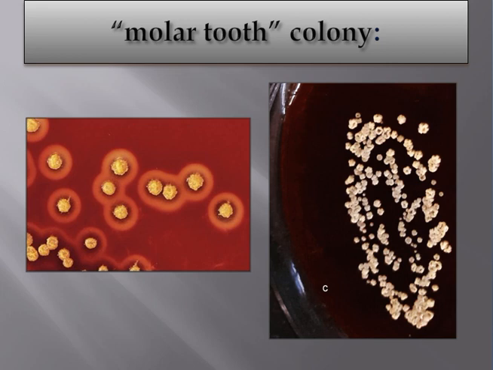Actinomyces can be initially suspected by colony morphology and biochemical profiling. For example, Actinomyces israelii forms a molar tooth colony, and you can see this picture of culturing on blood agar. It looks like a molar tooth or even a wisdom tooth, which is inside the jaw.